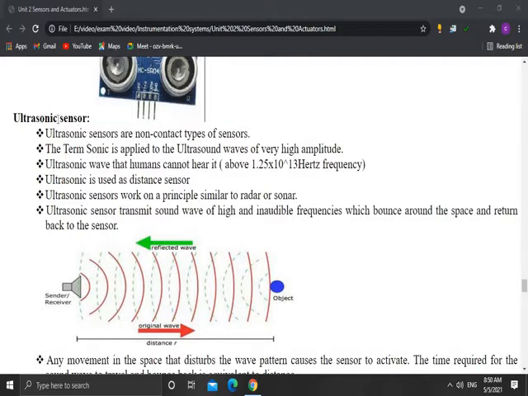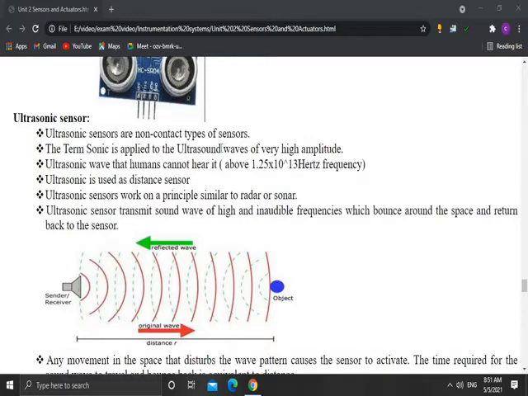The term sonic is applied to ultrasound waves of very high amplitude, meaning this sensor emits ultrasonic waves at a frequency of 1.25 times 10 raised to 13 Hertz.